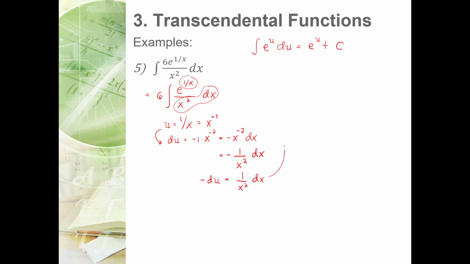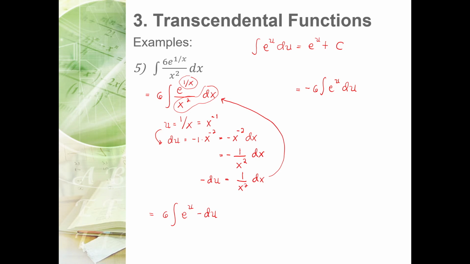So this one is represented by this one. We now have 6 times the integral of e to the power of u times negative du. Getting the negative outside, that's negative 6 e^u du.